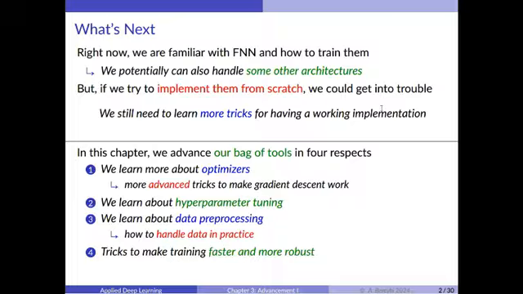We want to go a little bit deeper about optimizers, about hyperparameter tuning, and data pre-processing, which is related more to data science, but we need it here, so we will discuss it. And some tricks about training.